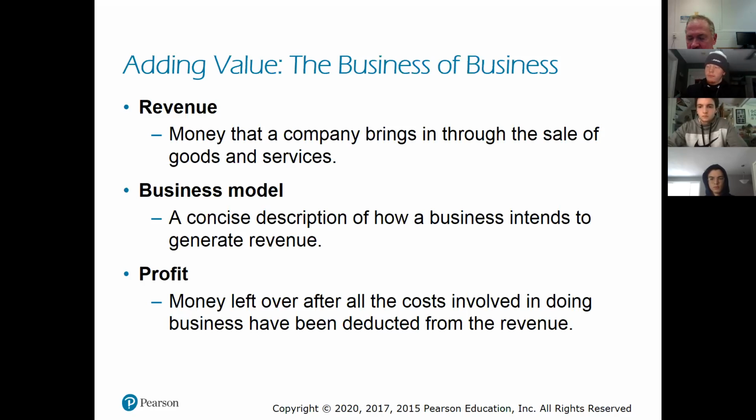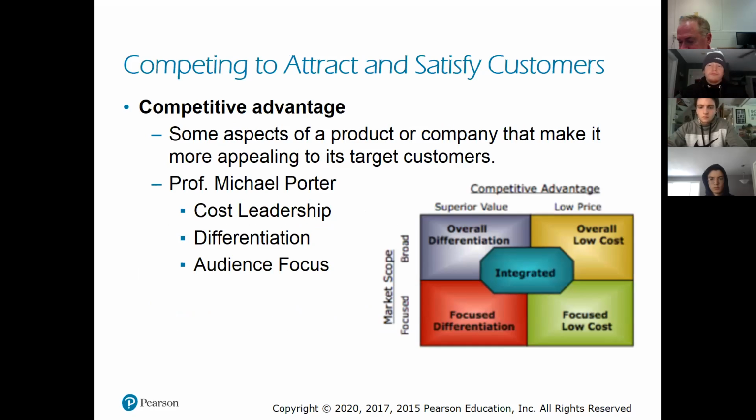There's an awful lot of terminology that goes on in the business world, and so it's key that it's like learning a language, okay? And so when a business decides that it's going to enter what we call the free market, they have to figure out a way to be competitive.